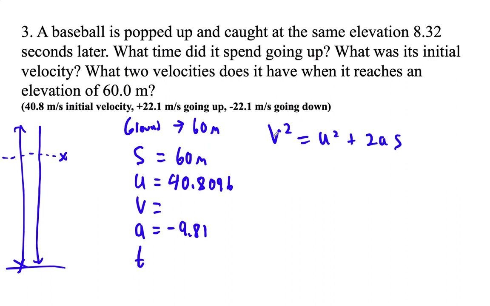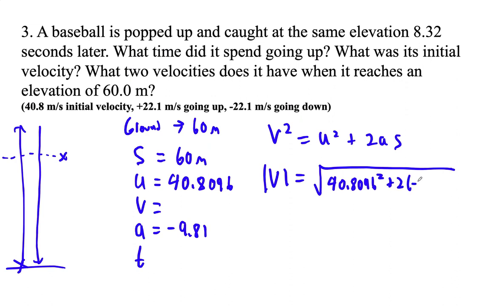And now here it is. This is the crux of it. If I solve for v, I take the square root of a square. So all I know is that the absolute value of v is the square root of 40.8096 squared plus 2 times negative 9.81 times 60.